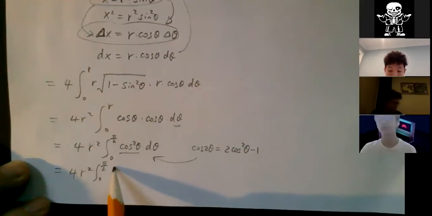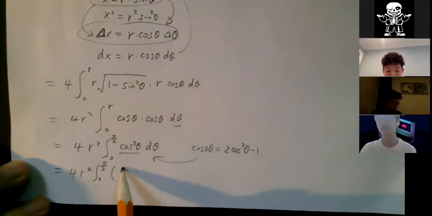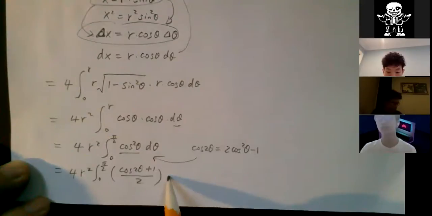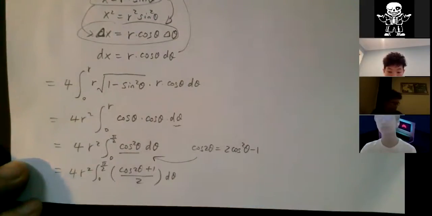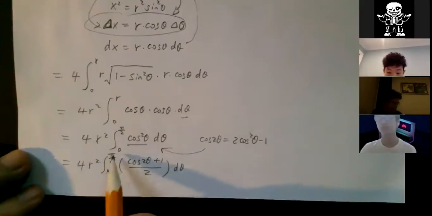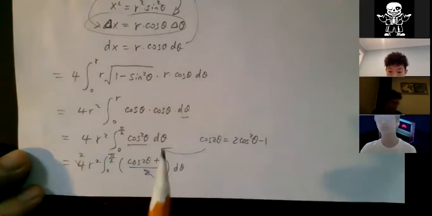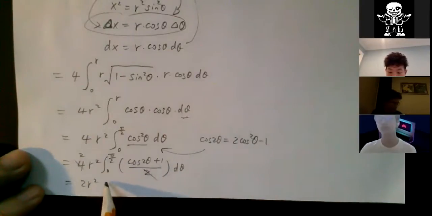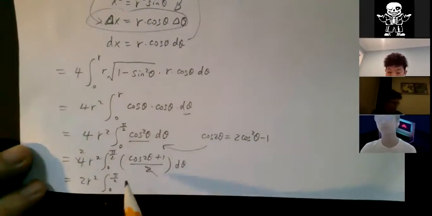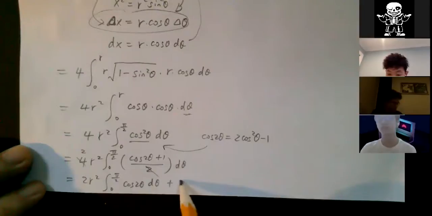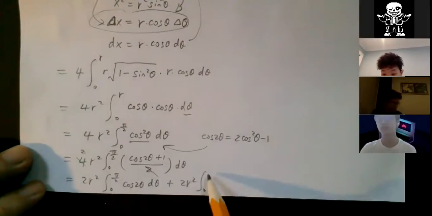This one becomes cosine 2 theta plus 1 divided by 2 d theta. So this 2 cancels, 2r squared integral of cosine 2 theta d theta plus 2r squared integral of 1 d theta.